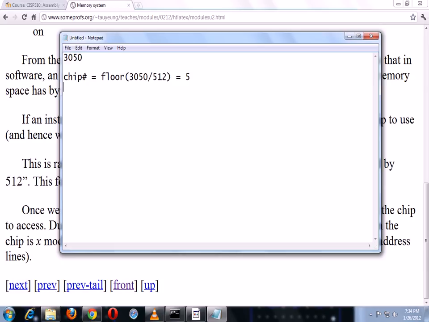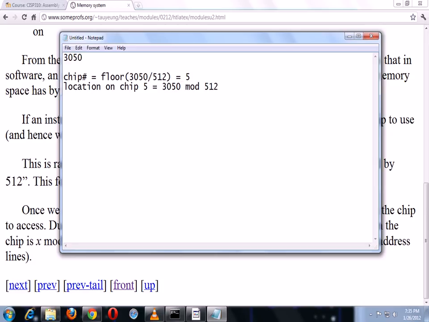Now, what location do we have to access on chip number 5? That turns out to be a pretty easy question to answer, because the location on chip 5 is equal to 3050 mod 512.